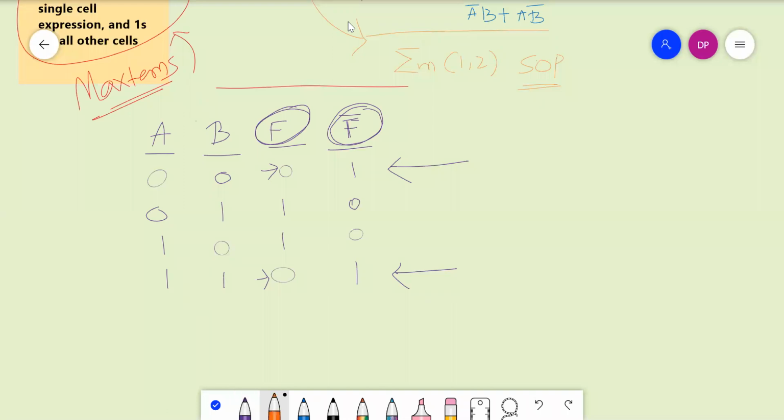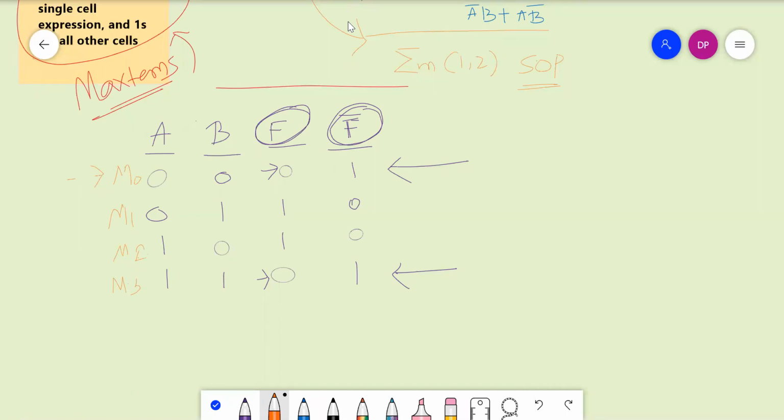So this is written as capital M0. Okay, this is written as capital M1. This is written as M2. This is written as M3. So for the first one, if inputs are 0 and 0, what will we write?